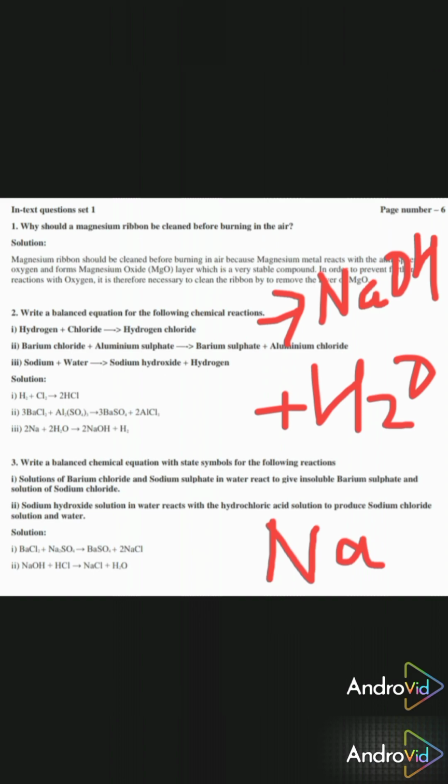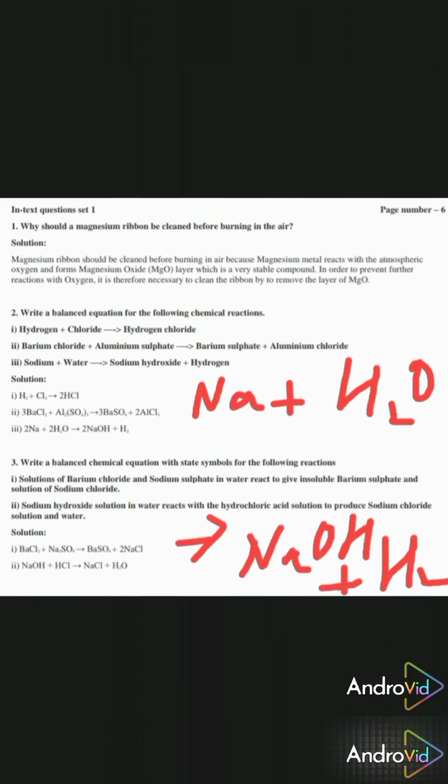But the equation, I think, is not balanced, because NaOH plus H2. In H2O we can see there are 2 H, whereas in NaOH on the product side only 1 H is there. So we are multiplying by 2 here to get hydrogen balanced.